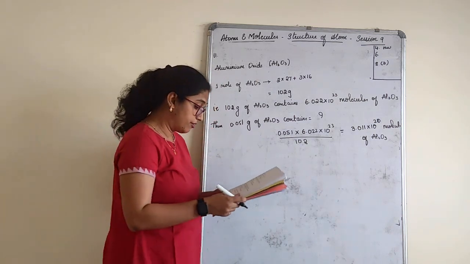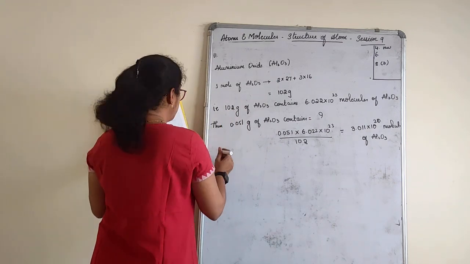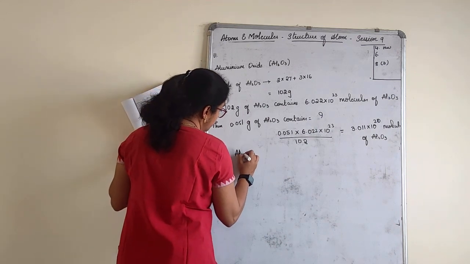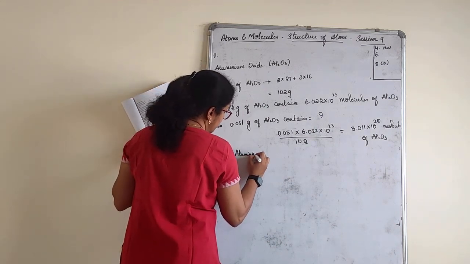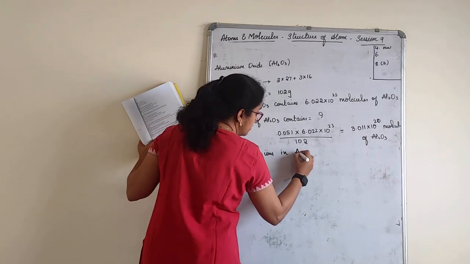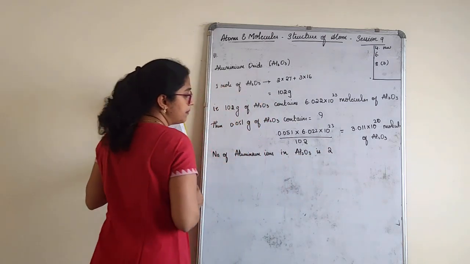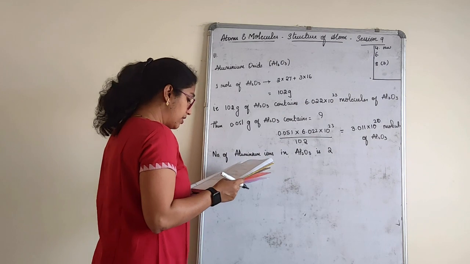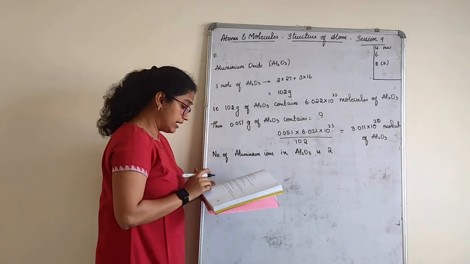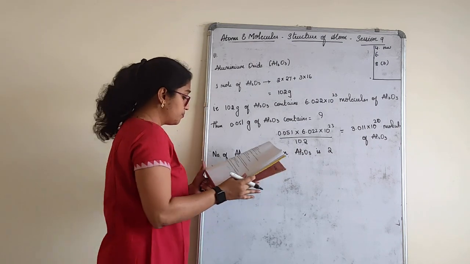Standard form. Last part. Now what they have asked? Aluminium ions. Number of aluminium ions in Al2O3 is 2. How many it contains? 2 aluminium ions are present, right? Therefore, in whole aluminium oxide, number of aluminium ions present in this is 2.